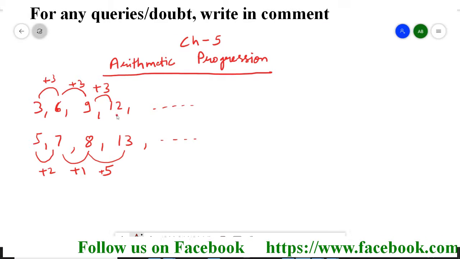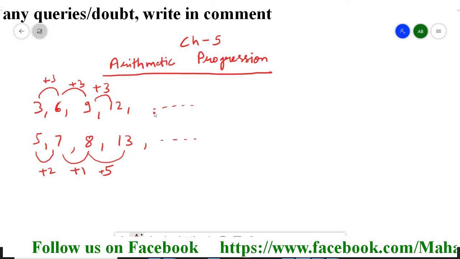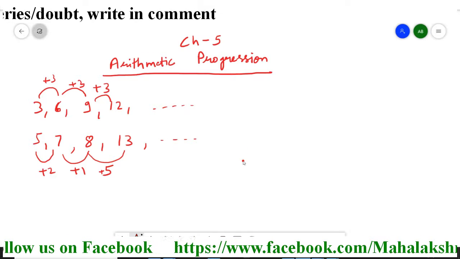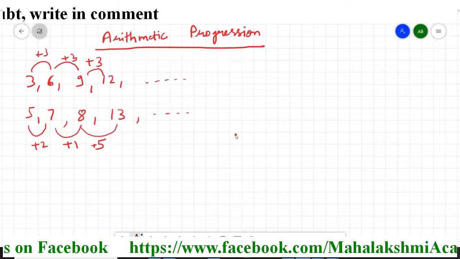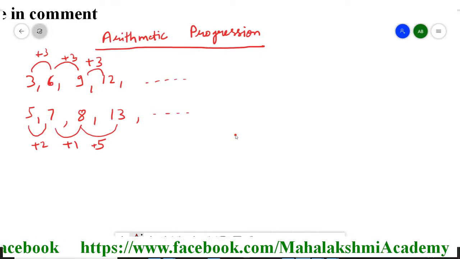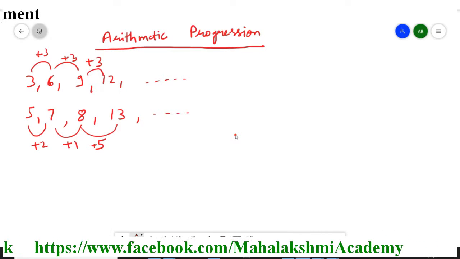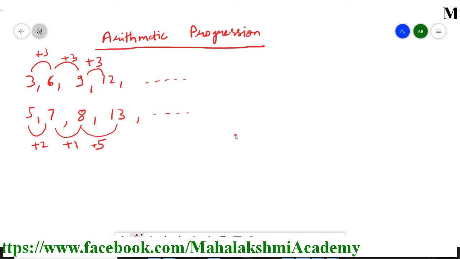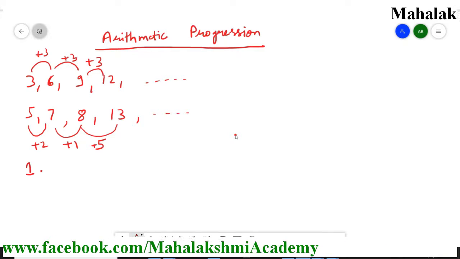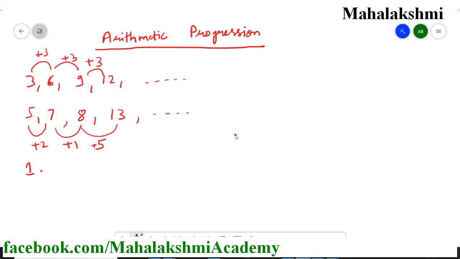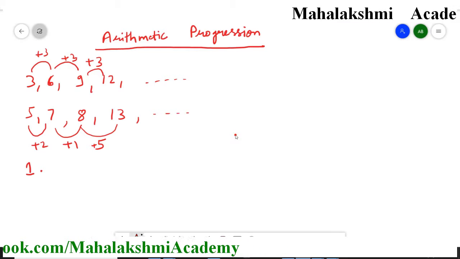Now in any series some general terms are there which we have to write down. First we will write down the general form of an arithmetic progression. The first formula is the general form of an AP.